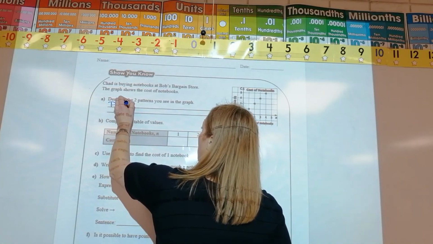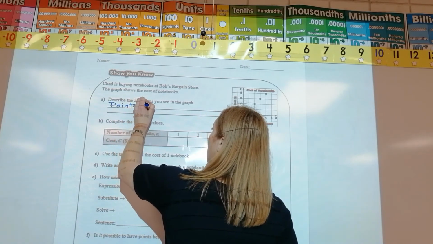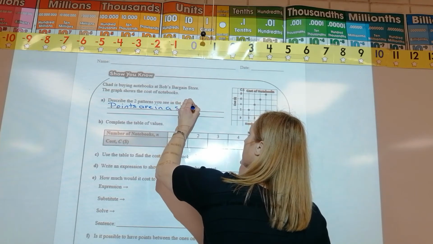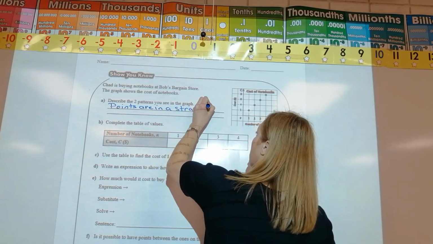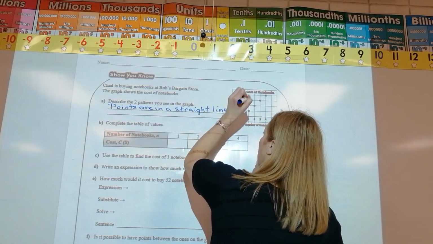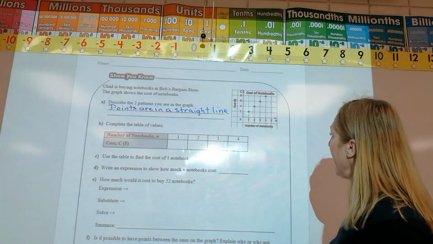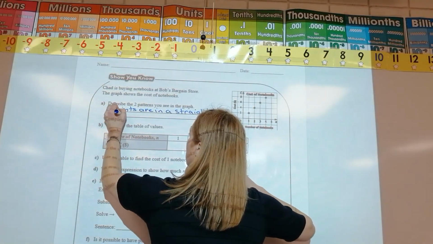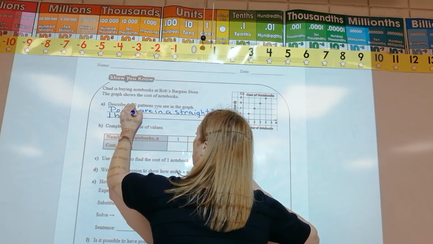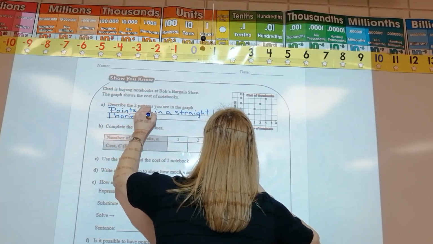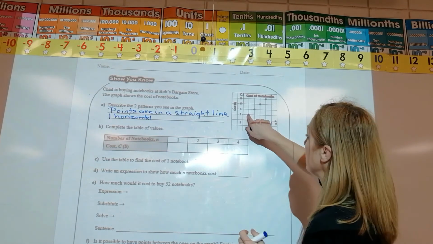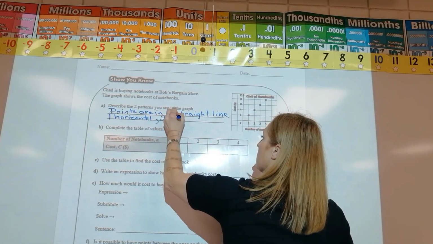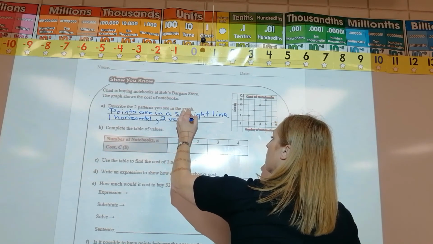Points are in a straight line. And I move one horizontal for every 2 units vertical.